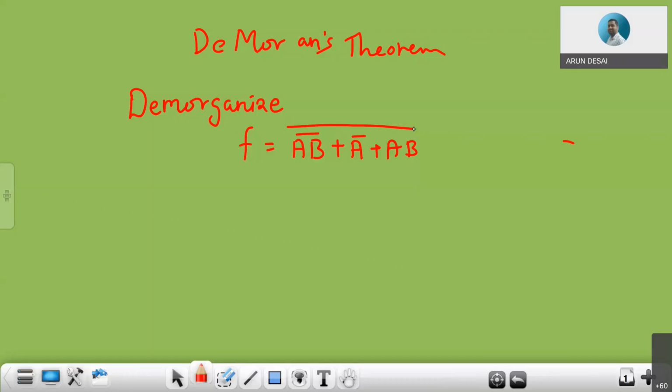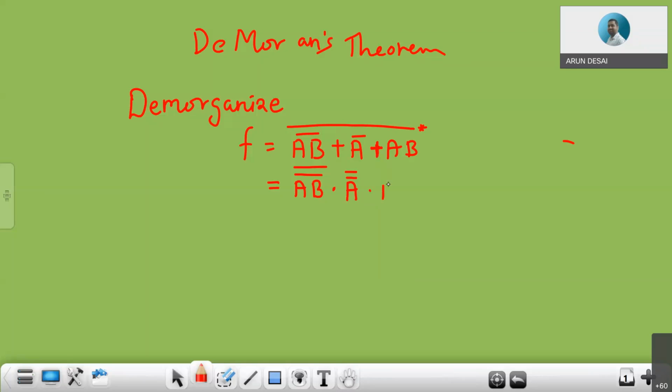How to solve this is first split on the whole bar. So A complement into, right? This or is converted into and while splitting the complement. Then again A complement, and this plus is again converted to dot, right?